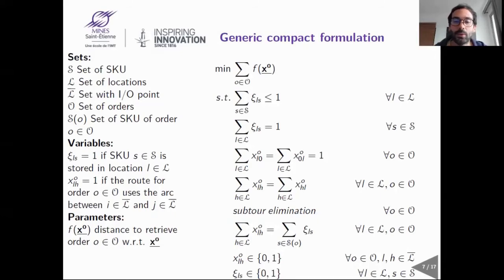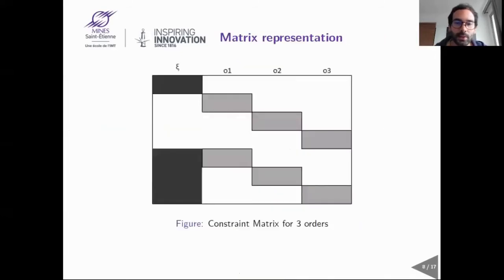To give a bit of a matrix representation of the problem, we have here the assignment variables with the assignment constraints. For each order, we have a set of routing constraints. And then below, we have the set of link constraints.